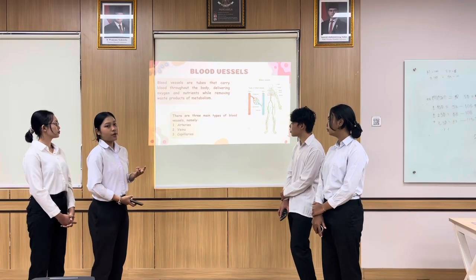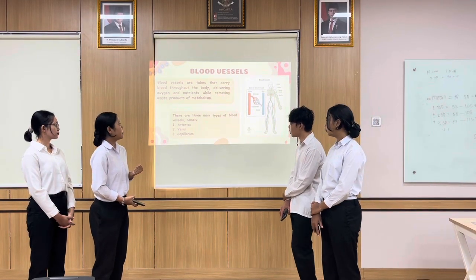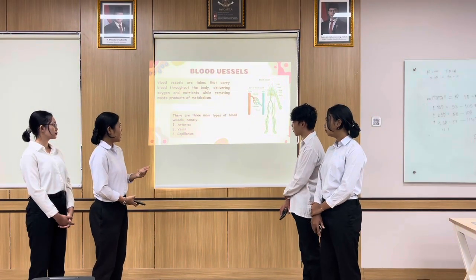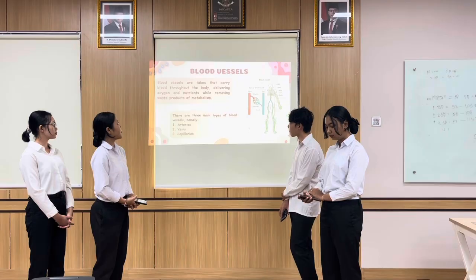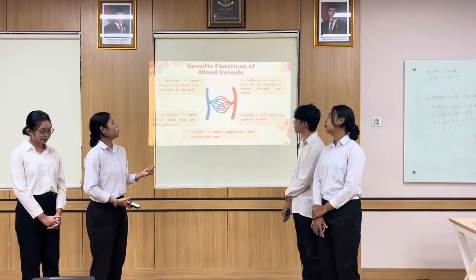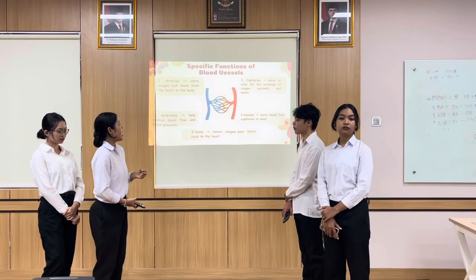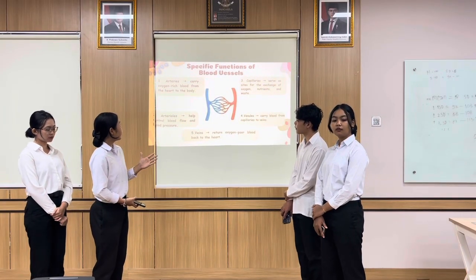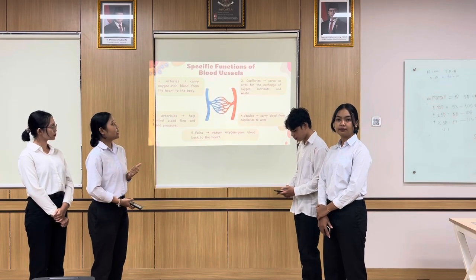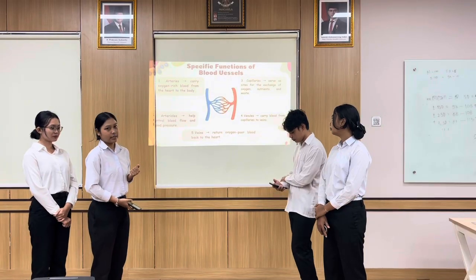There are three main types of blood vessels, namely arteries, veins, and capillaries. Okay, next is specific function of blood vessels. There are five: arteries, arterioles, capillaries, venules, and veins.